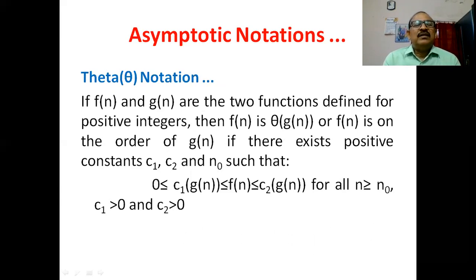We again define the theta notation. If f(n) and g(n) are two functions defined for positive integers, then f(n) is theta of g(n) if there exist positive constants c1, c2 and n0 such that f(n) lies between c1 g(n) and c2 g(n) for all n greater than or equal to n0, with c1 greater than 0 and c2 greater than 0.